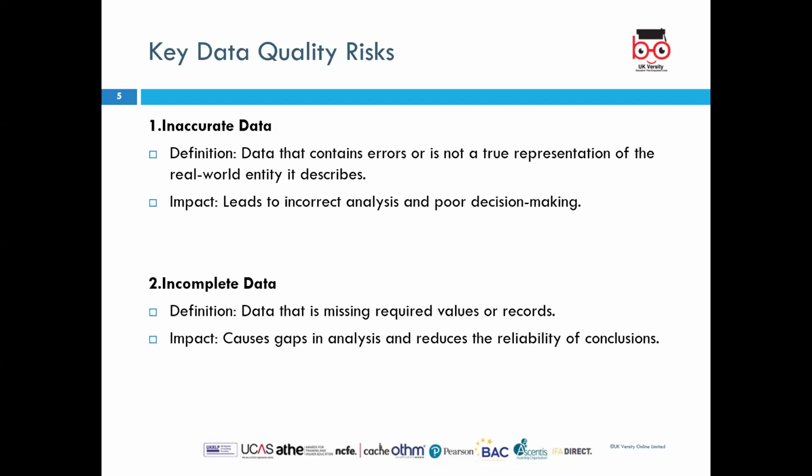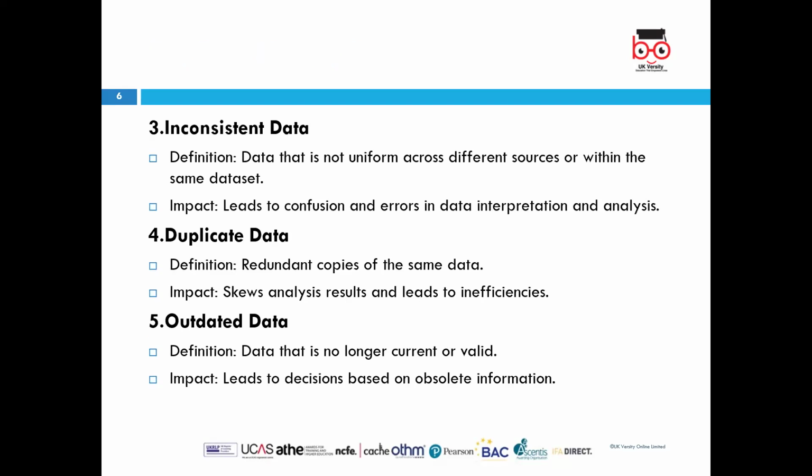We also have inconsistent data, which refers to data that is not uniform across different sources. What we see in one data set might not match another one. The impact is confusion and a lot of error in data interpretation.